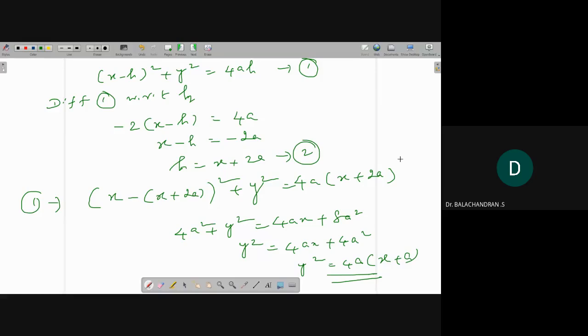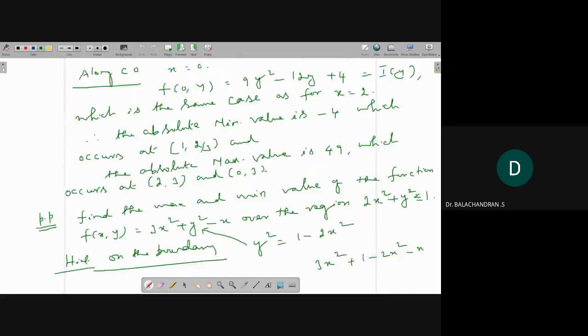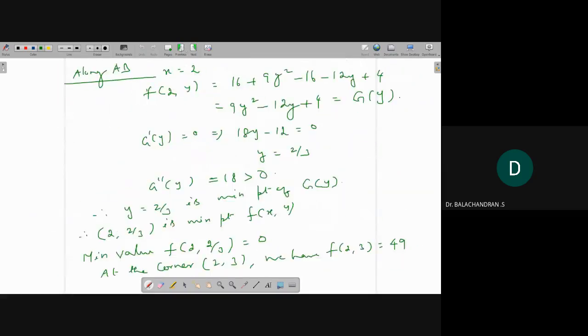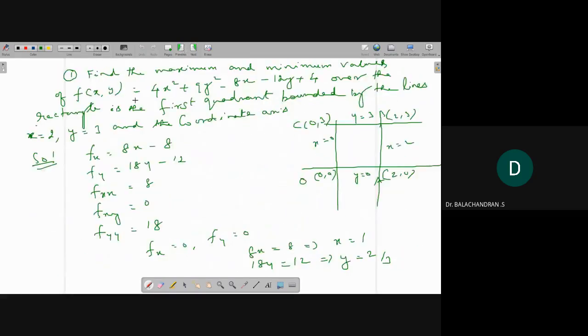I already sent this problem to you, and I think some of you solved and sent it to me. If you see your WhatsApp, you can see the problem. This problem is very similar to the first problem.